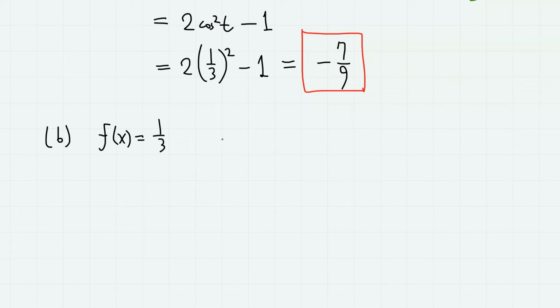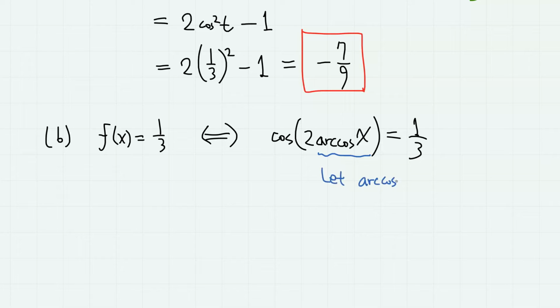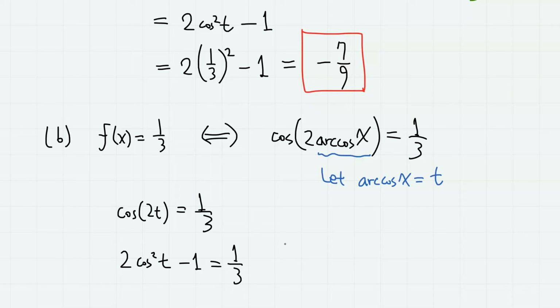And for the second problem, we basically do the same. So this expression means cosine 2 arccosine x equals 1/3. Here, let this arccosine x be t. Then we have cosine 2t equals 1/3. So we have 2 times cosine squared t minus 1 equals 1/3.